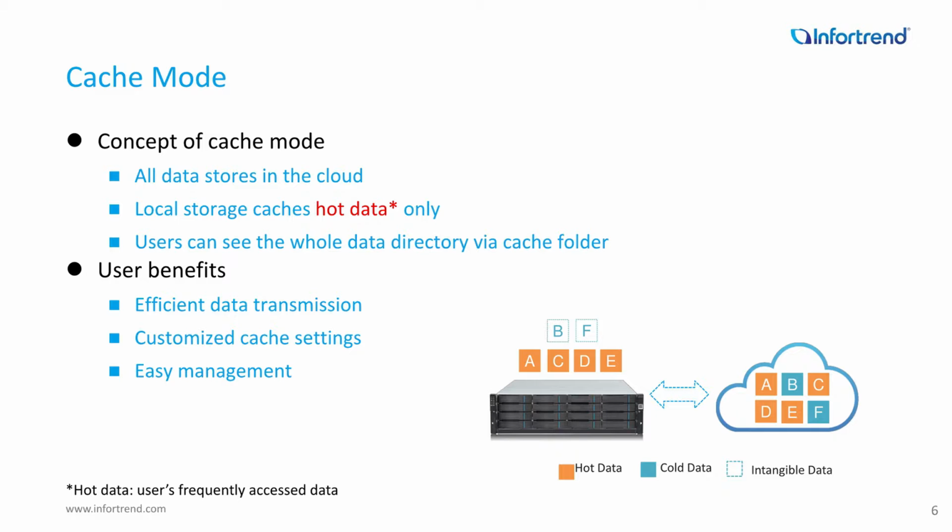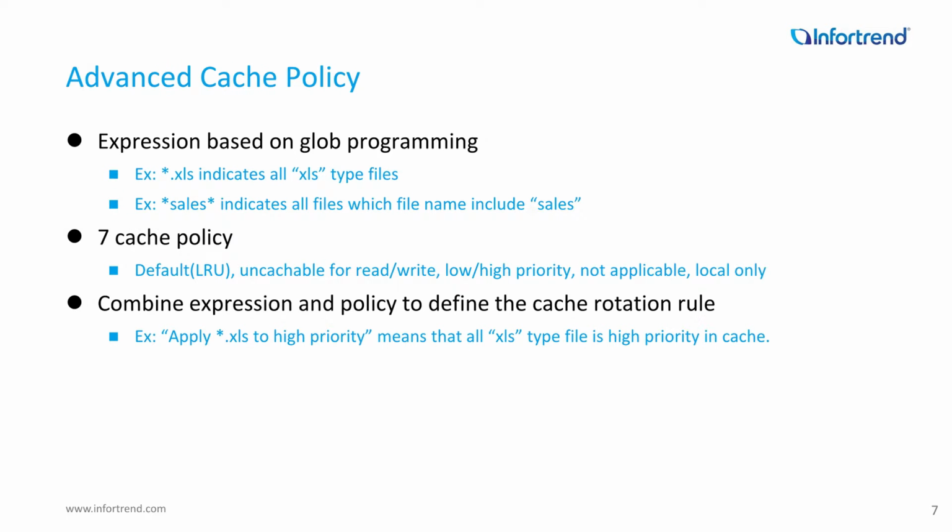However, in file level cache mode, since the granularity of data is share folders and files, GS goes further with a few customized cache policies. First, you can define the file types or file names that you want to set as hot data, no matter their access frequency. With advanced cache policy, you can keep important and small documents locally as long as they can.